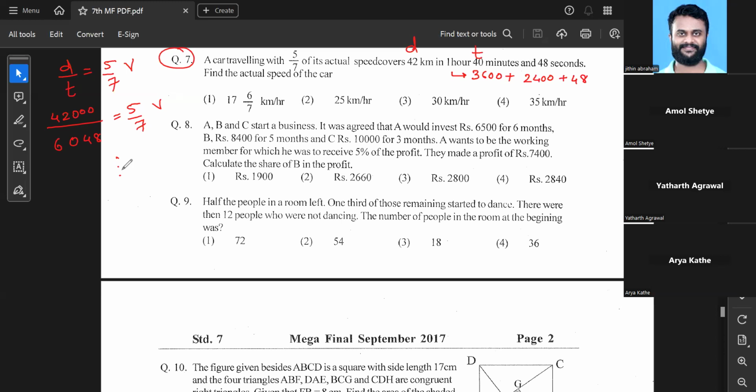You should get some value less than 5. What number can you cancel? It's a big number actually. So the answer is 18 by 5. I'm doing an approximation over here. Wait, just a minute.